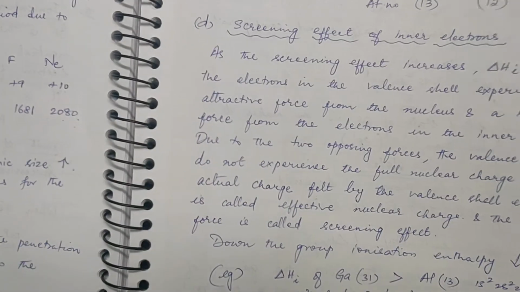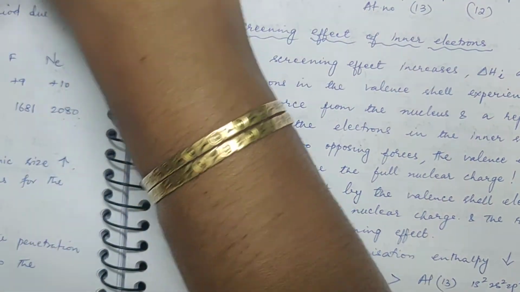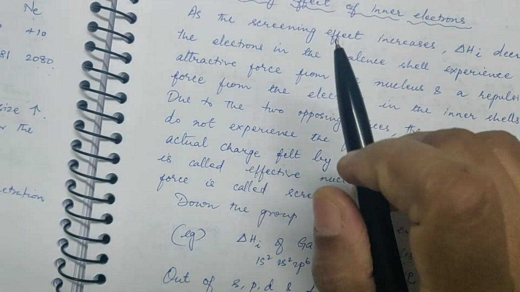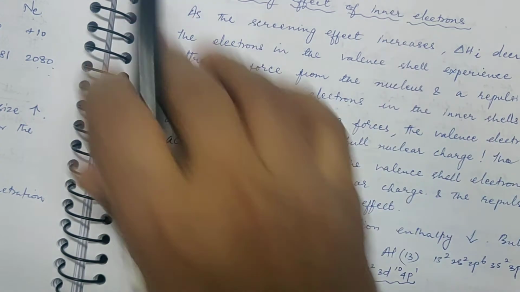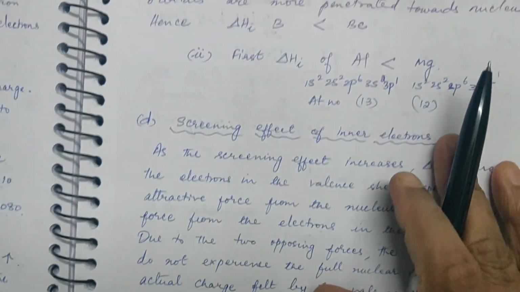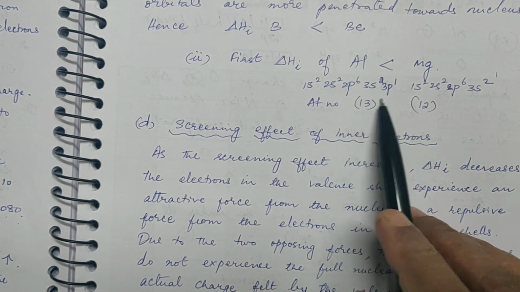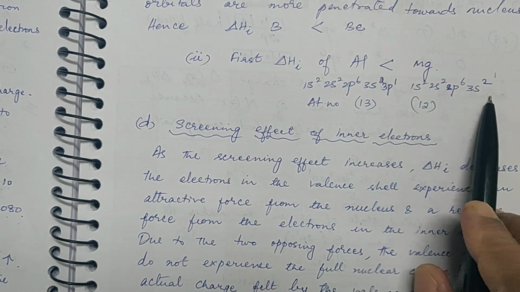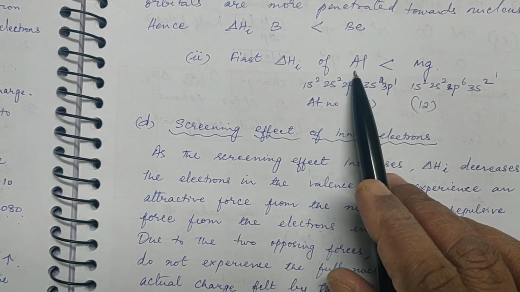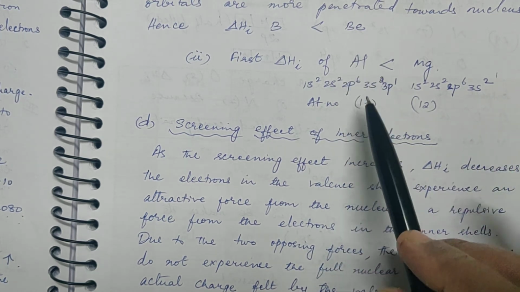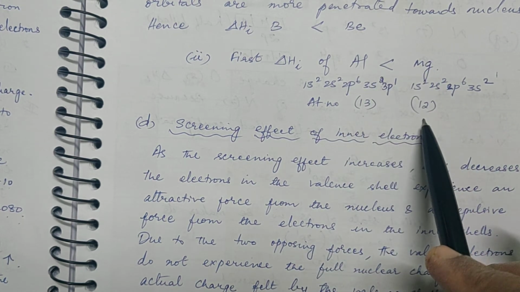Now come to another example. First, ionization energy of aluminium and magnesium. Aluminium is having 3s2, 3p1, magnesium is having 3s2. Now effective nuclear charge, when you consider aluminium atomic number is 13 and that of magnesium is 12.